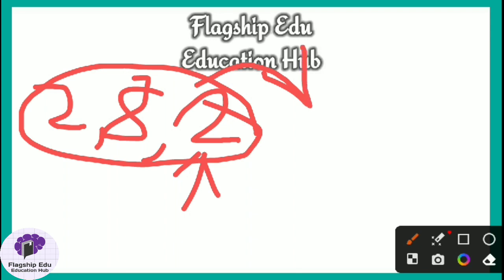You have to know that if there are 1, 2 or 3 electrons in the valence shell, then the element will leave electrons, and if there are more than 4 electrons in the valence shell and less than 8, then they will gain electrons. Here you can see that there are 2 electrons in the valence shell.